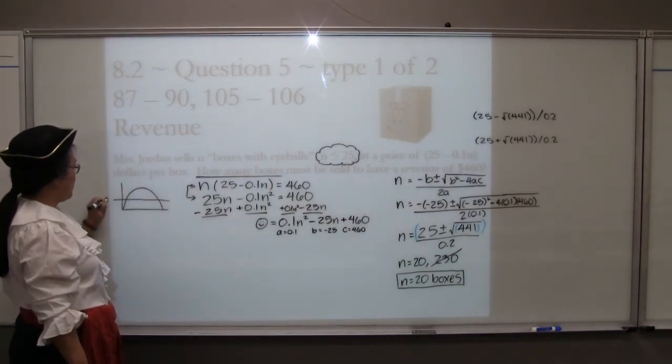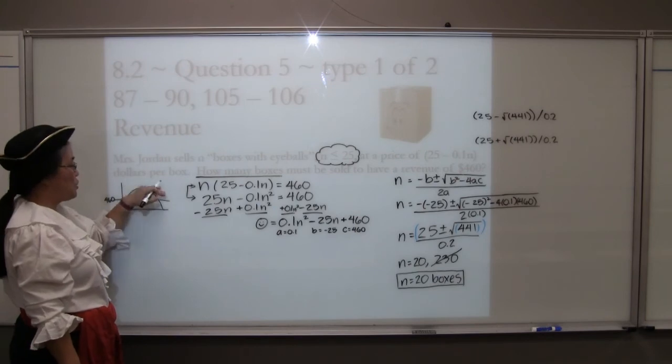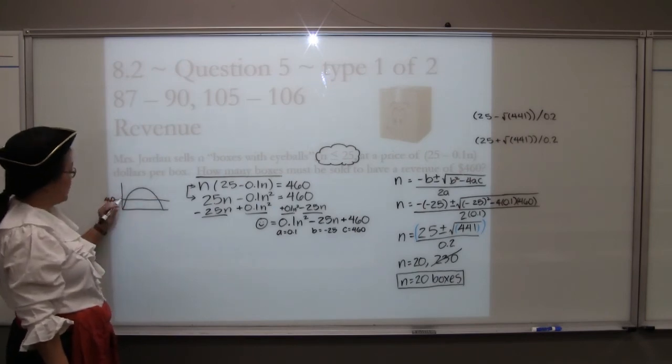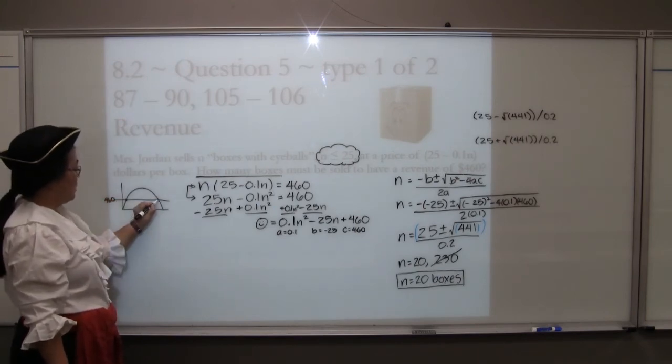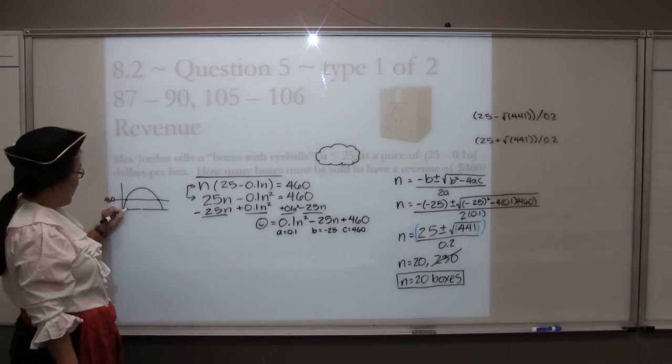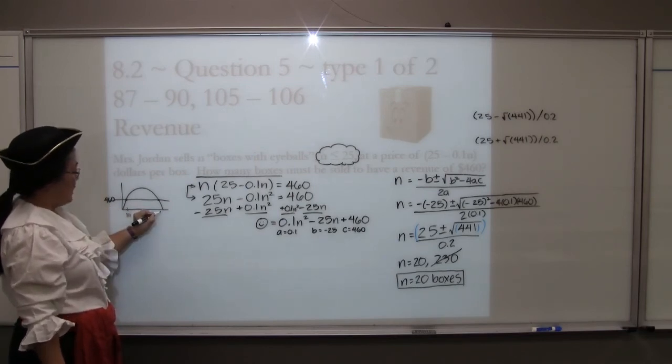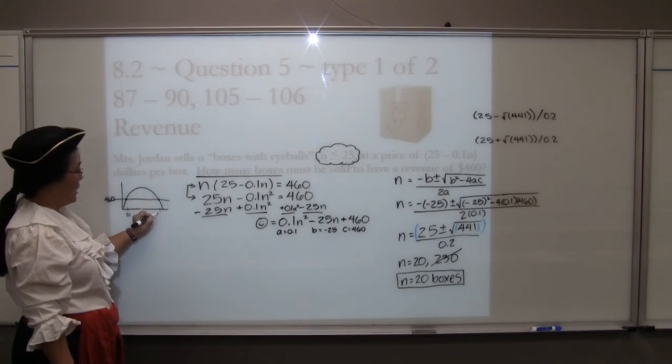All this parabola will equal $460 in two places, here and here. It will hit at n equals 20 boxes, and also here at n equals 230 boxes.